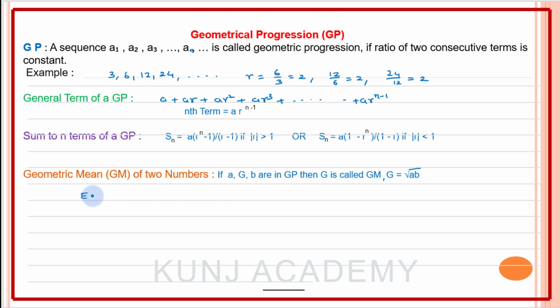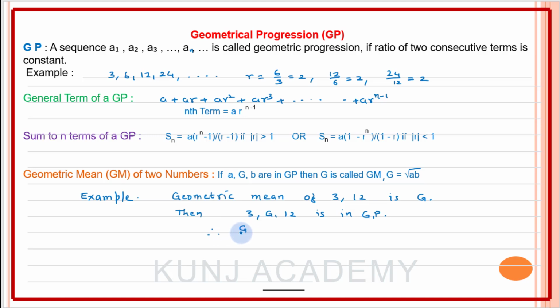Example: the geometric mean of 3 and 12 is G. Then 3, G, 12 are in GP.